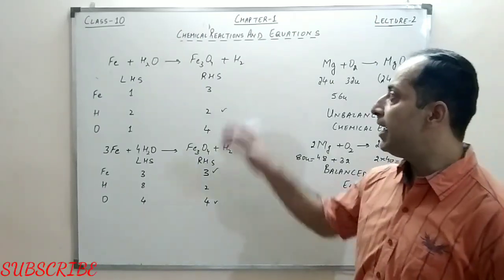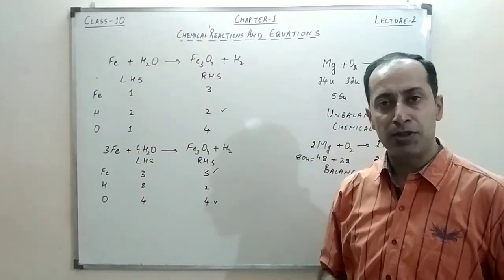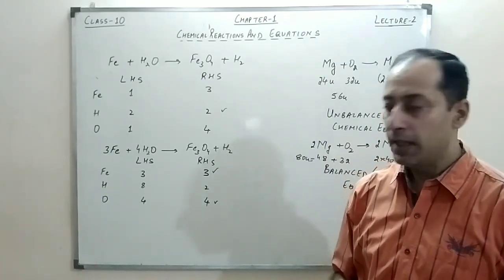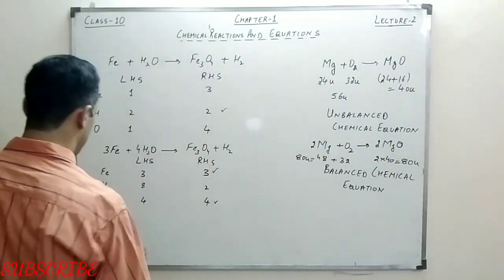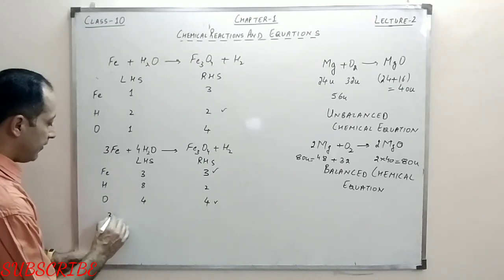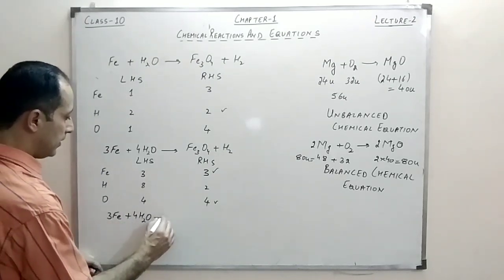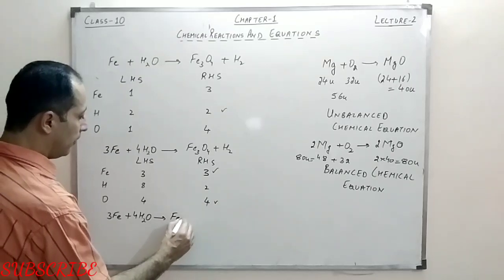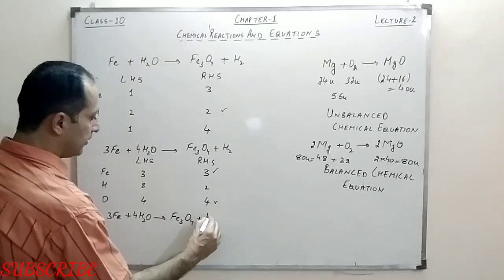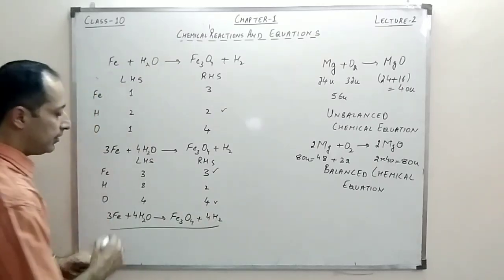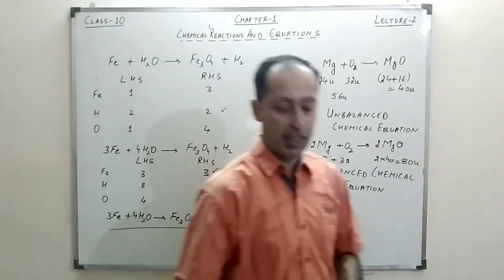It means on the right side, in front of H2, I will write a 4 and my equation will become 3Fe plus 4H2O gives Fe3O4 plus 4H2. So this is my balanced chemical equation.